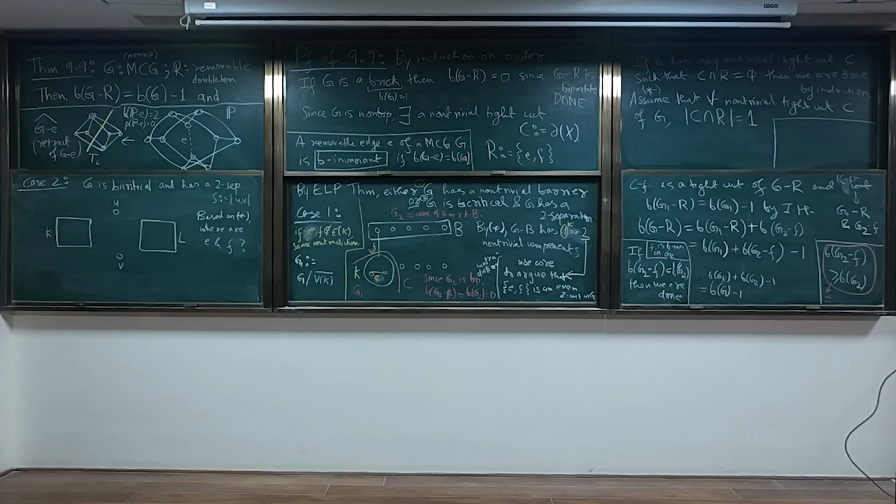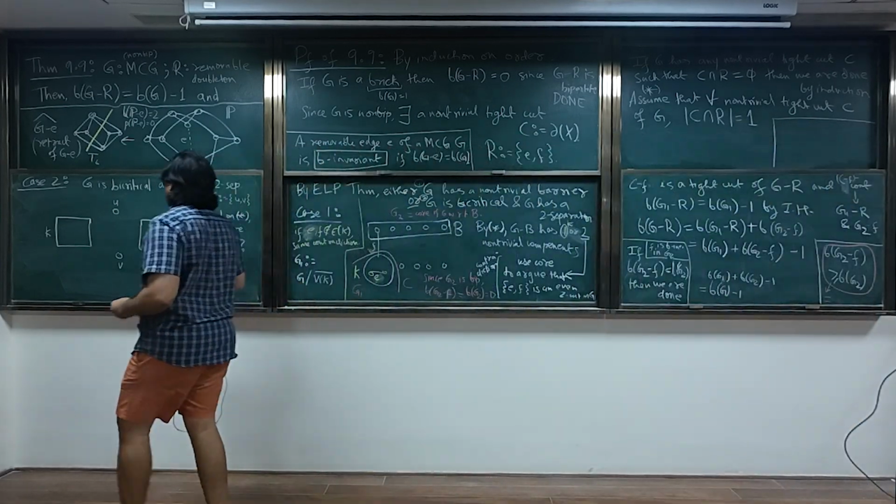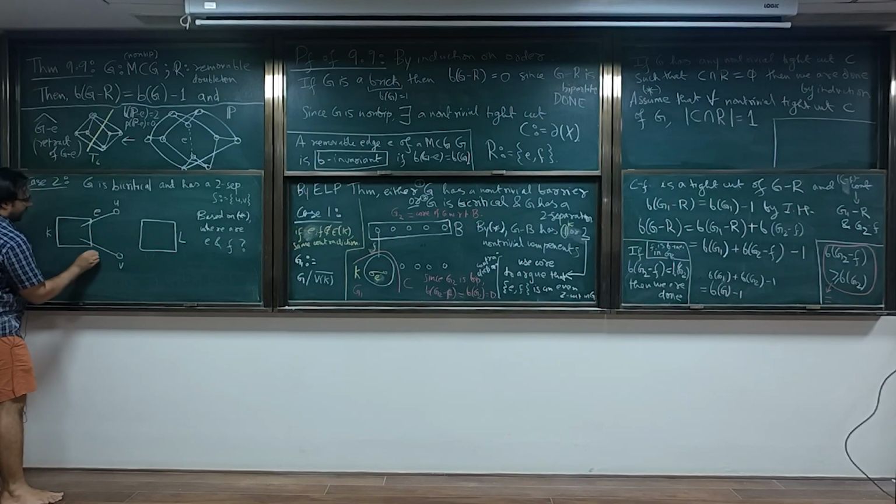So it looks like pretty much everyone has arrived at the following two possibilities. One is, up to relabeling, E and F both go to the left side.